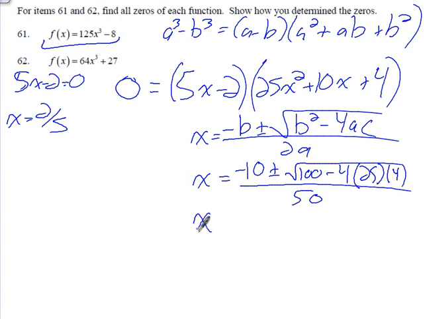Alright, so I'm just going to simplify this. So negative 10 plus or minus the square root of 100 minus 400 is negative 300. It's nice and pretty. Over 50.